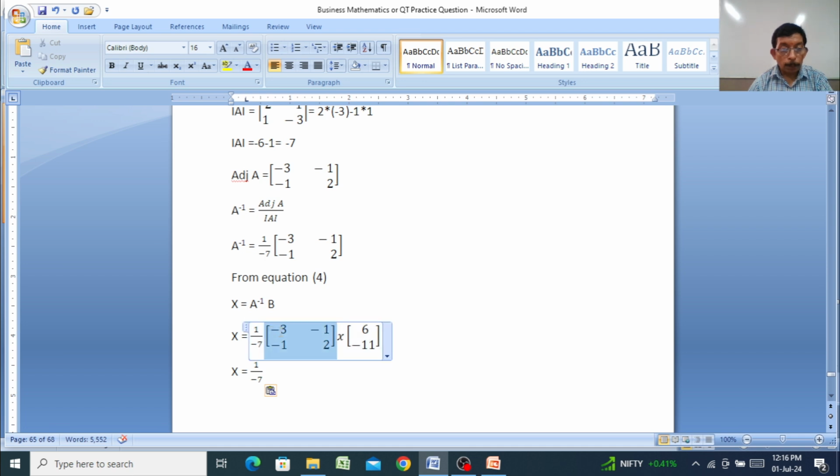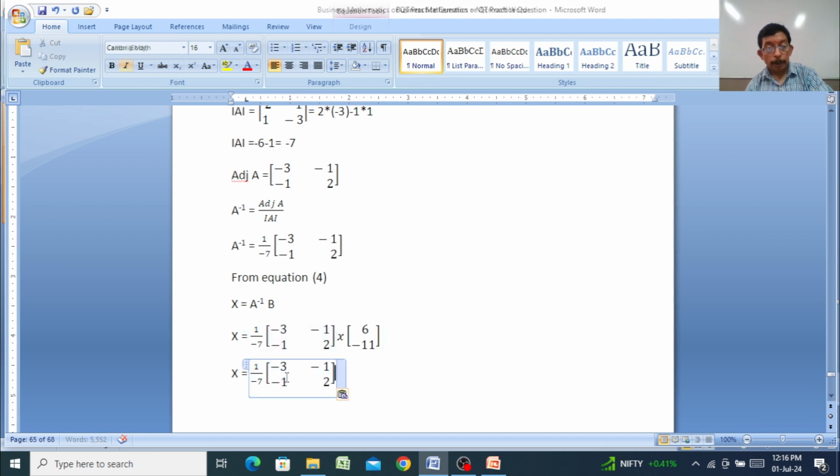Now the matrix multiplication of these two. Now we apply the matrix multiplication in two matrices. The multiplication rule is row is multiplied by the column. The first row multiplied by the first column: minus 3 multiplied by 6, plus minus 1 multiplied by minus 11.